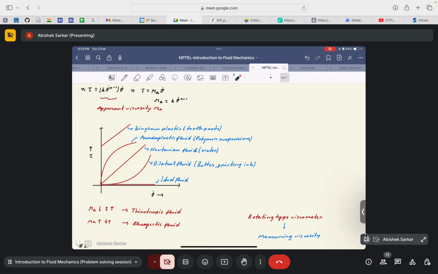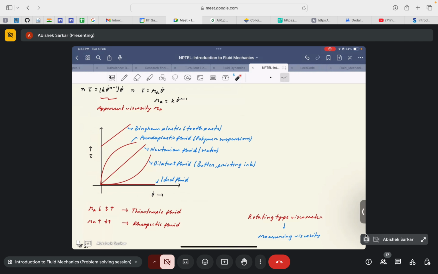In Newtonian fluids, the shear stress varies linearly with the shear strain rate, so we will have a linear curve.